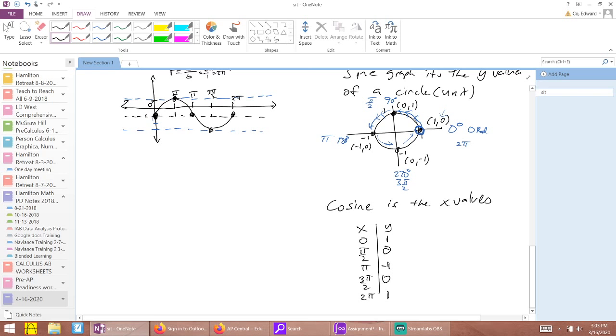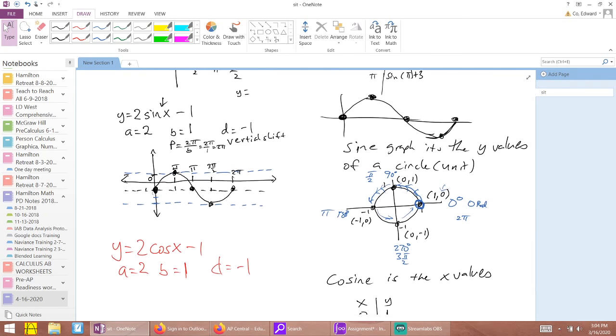Now, if we wrote the same equation, let me write this in a different color so you can see. Let's use red. y is equal to 2 cosine of x minus 1. These would all have the same characteristics as our sine graph up here, right?